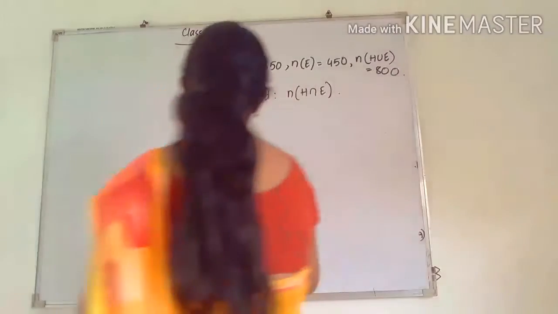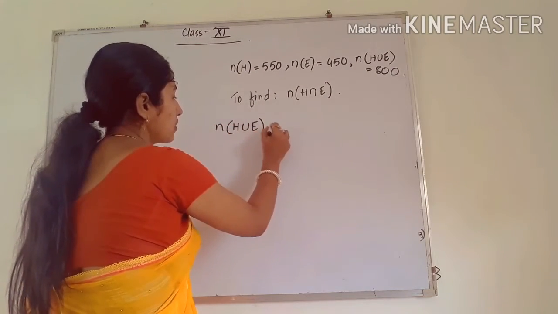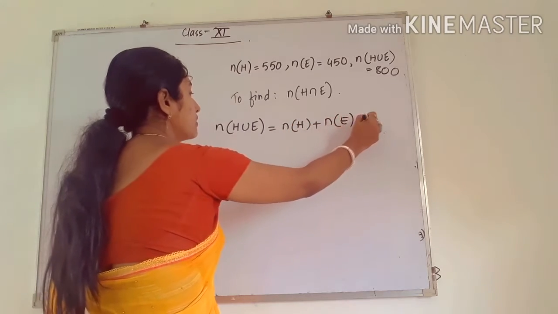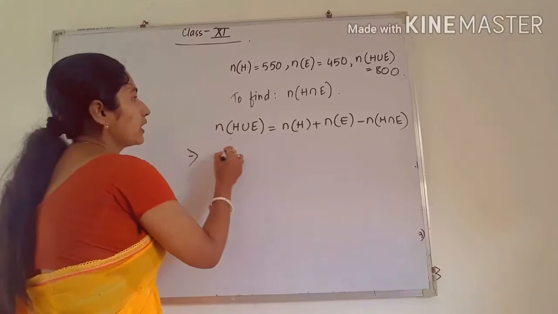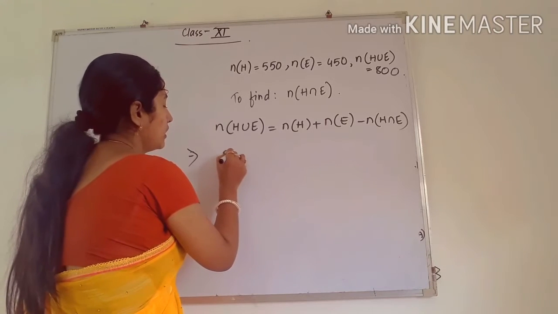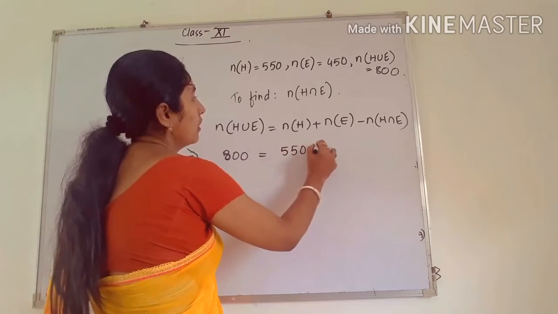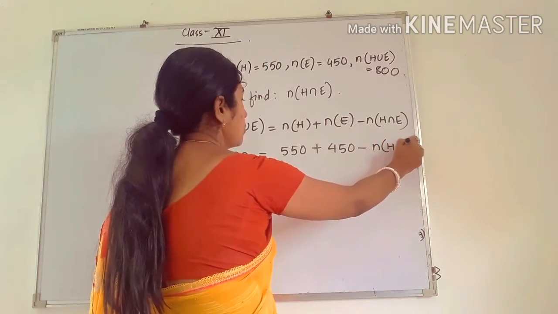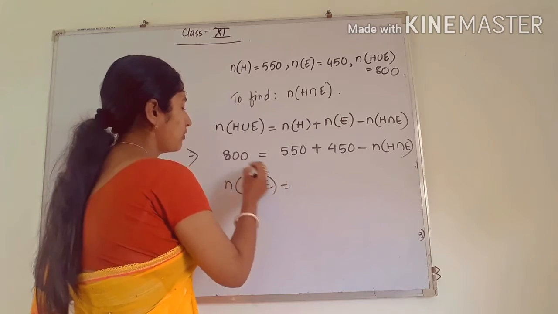Using the formula, you know the formula: n of H union E is equal to n of H plus n of E minus n of H intersection E. We can directly put the values here: this is 800, this is 550, in E we have 450, and H intersection E is not given, so we will find it using simplification.